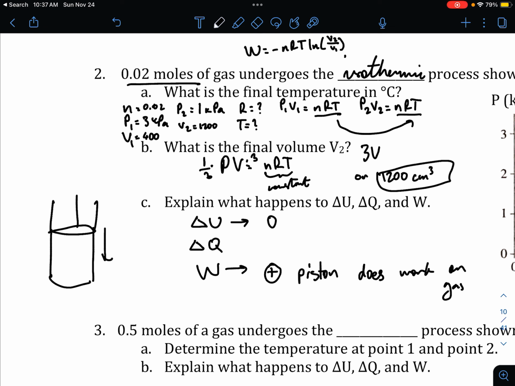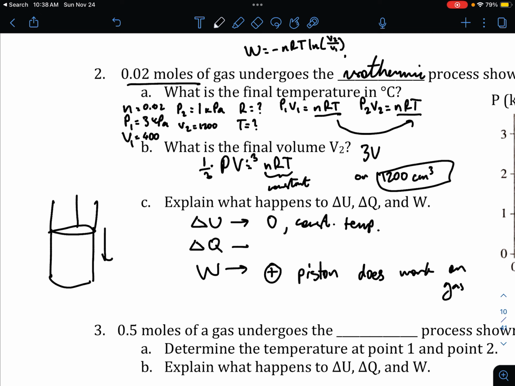So if temperature is the average kinetic energy and U is the total kinetic energy, they're related. So if temperature stays the same, your internal energy must stay the same. There you go. There's 0 change in U. Constant temperature.